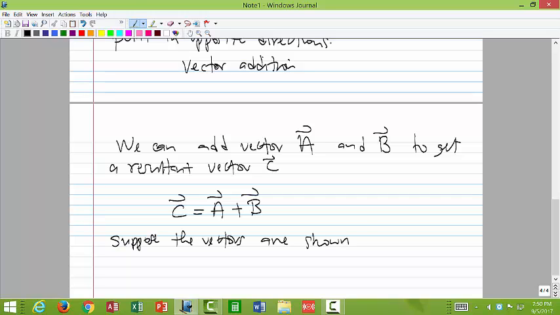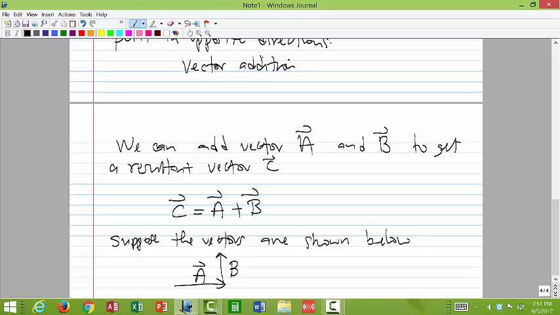So let's look at the vectors shown below. Suppose we have a vector, let's say A, going this way, and the vector represents, for example, an object moving in the A direction, and then ends up somewhere here.